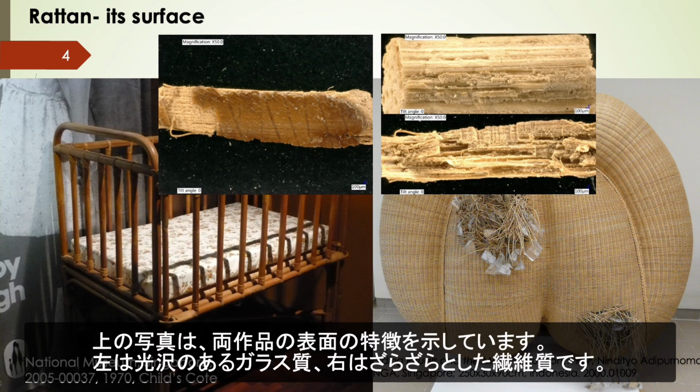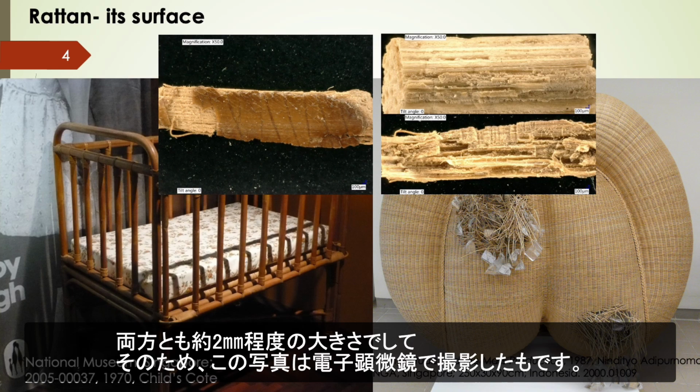The insets, the smaller images at the top, are showing the surface characteristics from both objects. On the left, shiny and glassy, and on the right, rough and fibrous. And by the way, those samples are approximately 2 millimeters each, so what you see are actually images taken with a digital microscope.